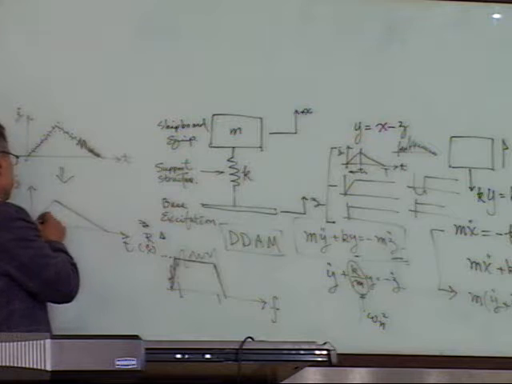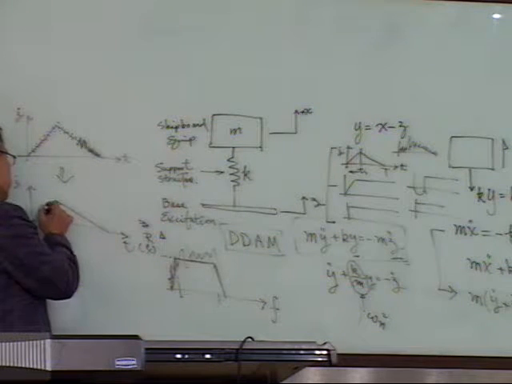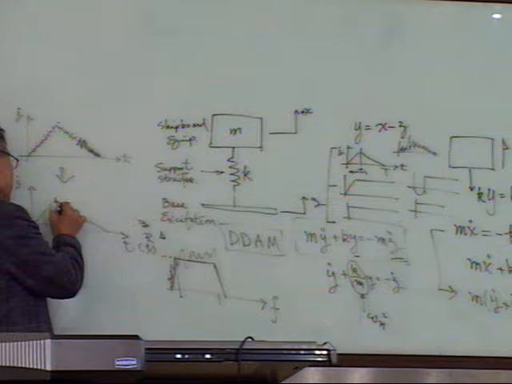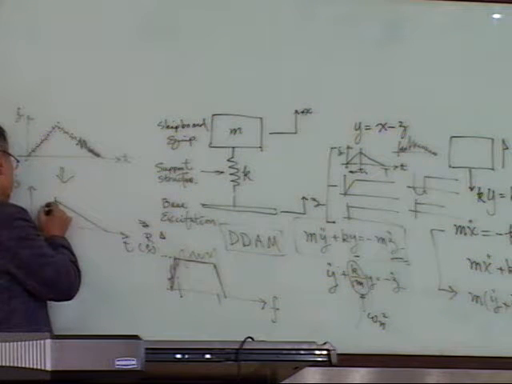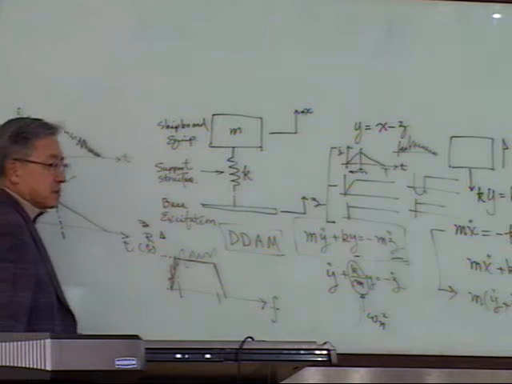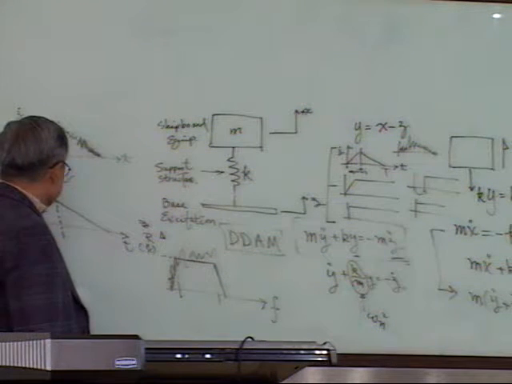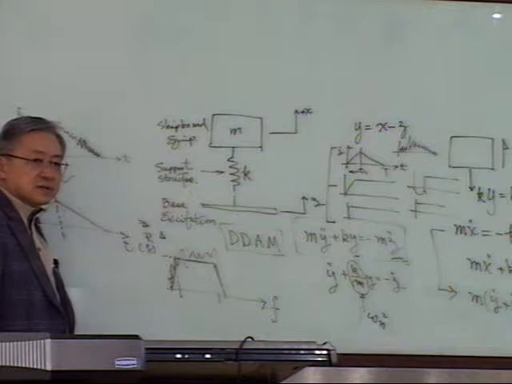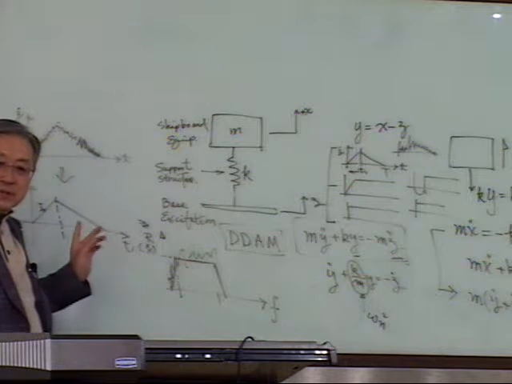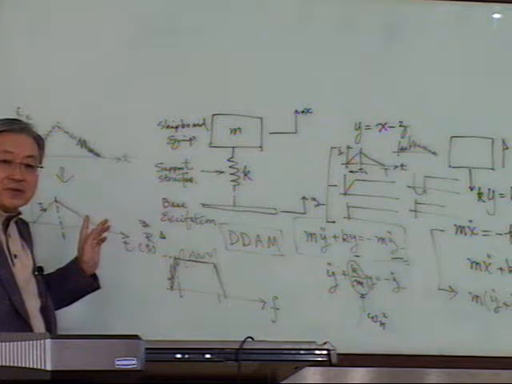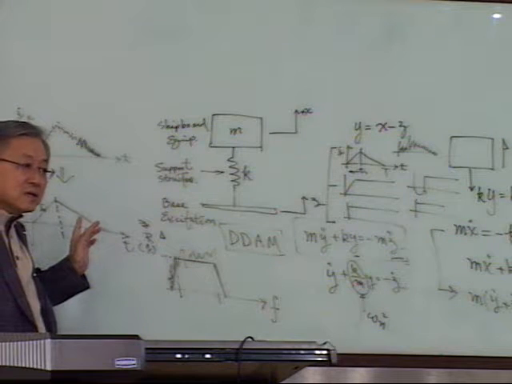If I do this pulse shape, up to here, the z slope is, I'm going to say, z1 double dot. Why? This slope is a constant, right? Slope in this case means acceleration, right? So yes, right?